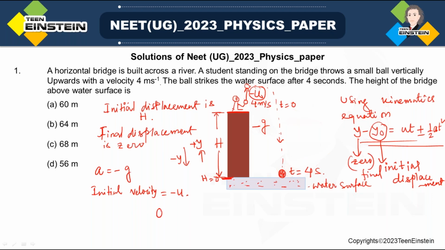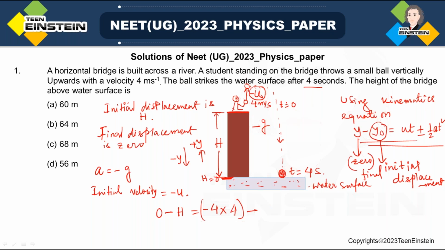The final height is 0, the initial height is h, and t is given as 4. So u is 4, along with the minus sign, and t is 4 again. Here acceleration is negative because the motion of the object is in the upward direction.